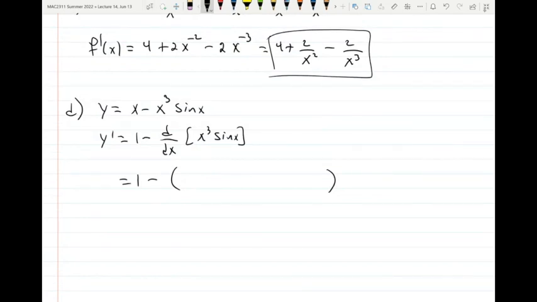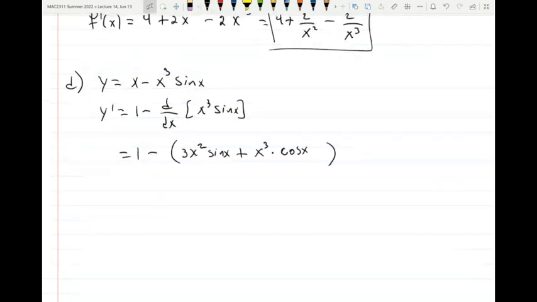Derivative of the first? 3x squared times the second, plus x cubed, the first, times cosine of x. Do you understand this? Okay, and now, in this case, there's really nothing to simplify, so all we do is distribute.